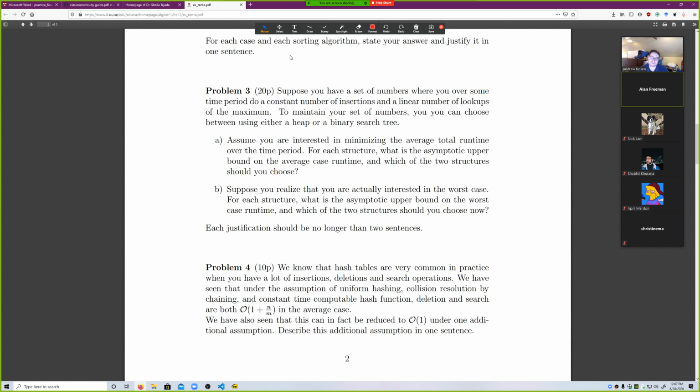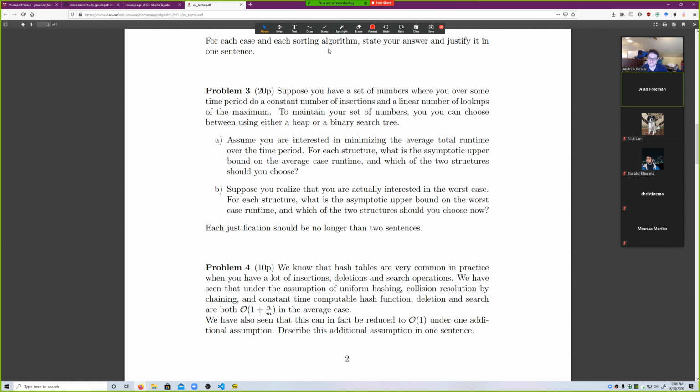So here, we have a data structure. We're going to add a constant given number, like maybe 10 items or 20 or 1,000 items to it. But then we're going to do a linear number of lookups of the maximum. So in other words, we're going to look for the biggest item n number of times.